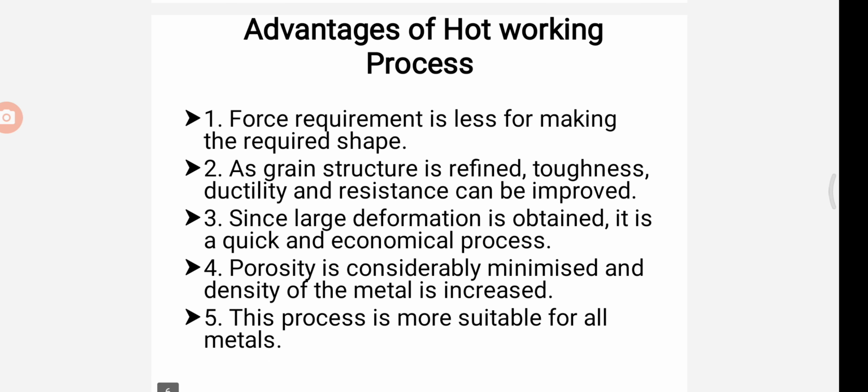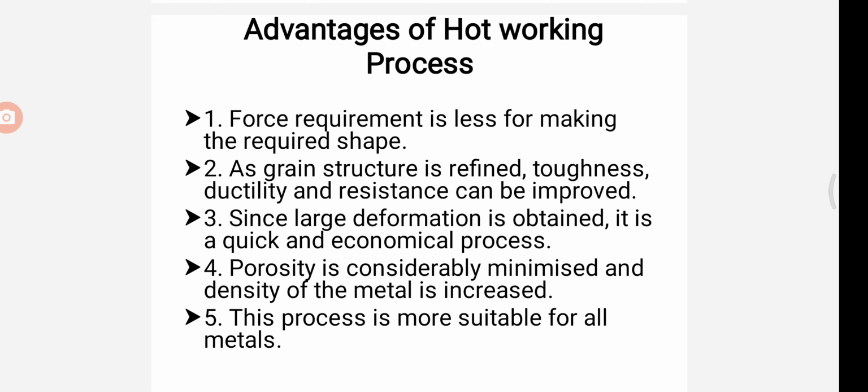Next we are going to see the advantages of the hot working process. Force requirement is less for making the required shape. The grain structure is refined and it is very tough, and ductility and resistance can be improved. Due to large deformation, it is quick and economically processed.